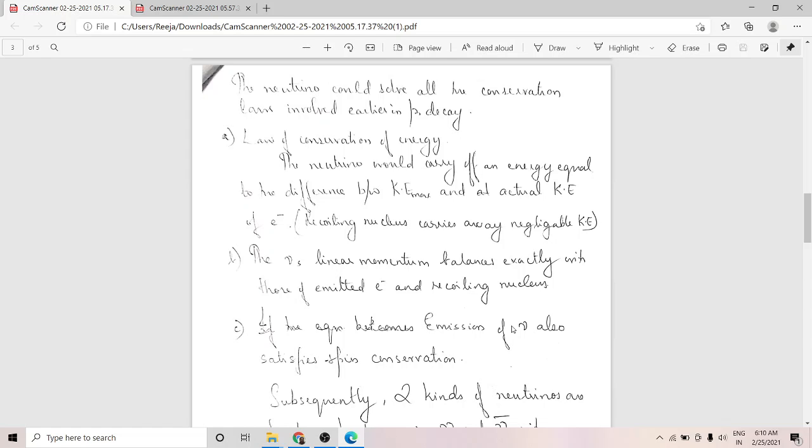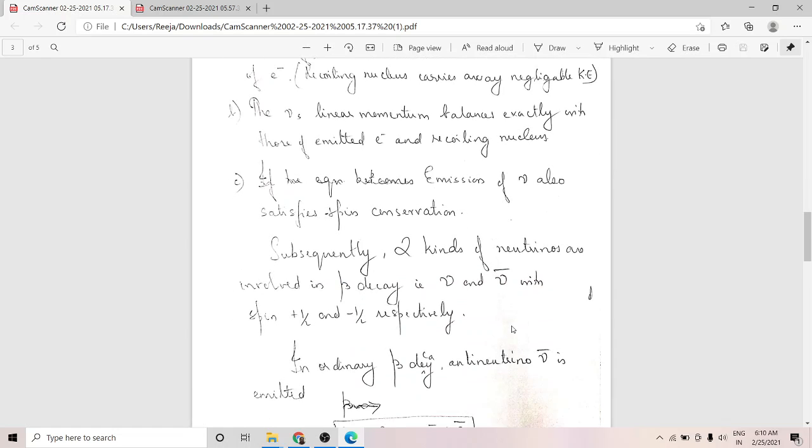One has spin plus half and the other has spin minus half. So the problem of spin conservation is also solved. So plus half for neutron, plus half for proton, plus half for electron, and minus half for antineutrino. So the problem of spin conservation is also solved.